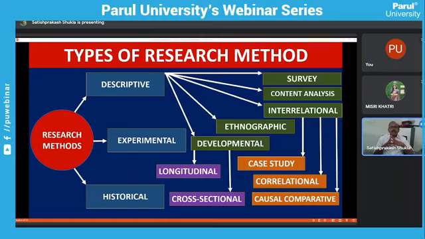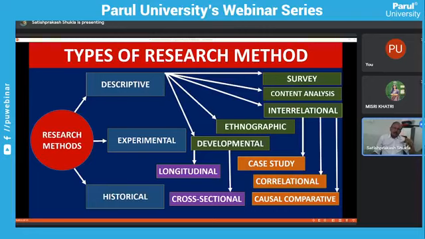It helps in understanding a pattern of development. Developmental research is carried out to understand or describe the pattern of development in the context of certain characteristics of a subject in terms of the passage of time. As we have discussed earlier, there are two types of developmental research method.